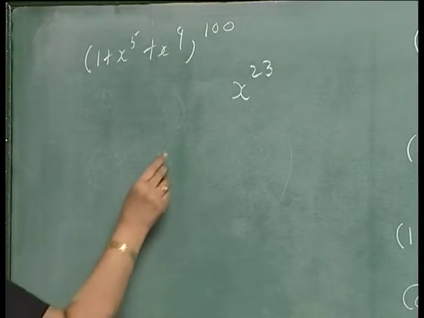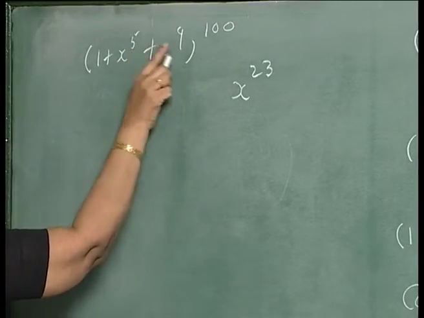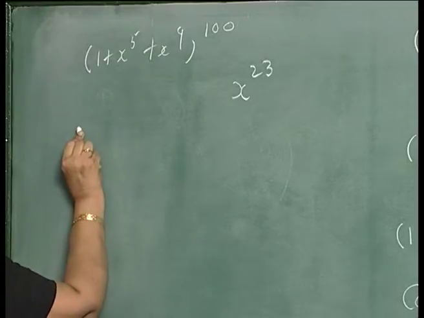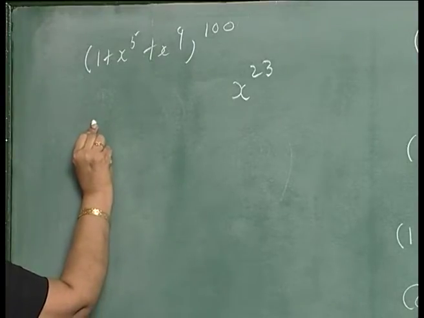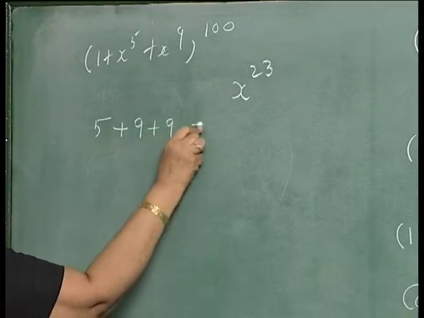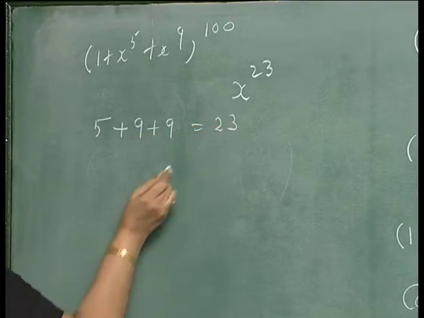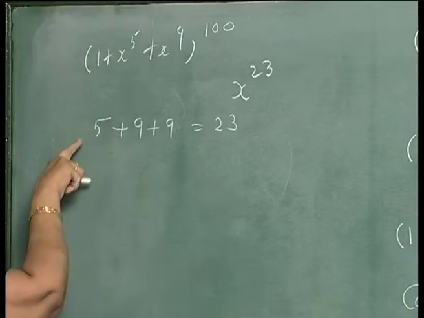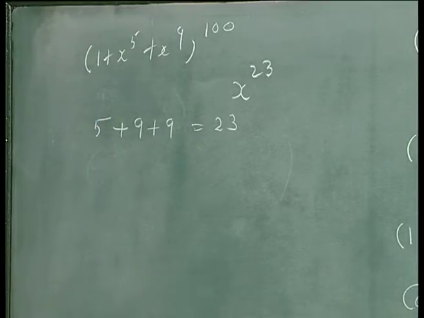Now how can you get 23 by having 5s, 9s and 1s? There is only one way of doing it. You can have 5 plus 9 plus 9. This will give you 23. Otherwise, if you have 4 5s, then you will have 3, which is not possible. If you have 2 5s, then also you will be left with 13, which you cannot account for. 3 5s, then you will be left with 8, which is not accountable.